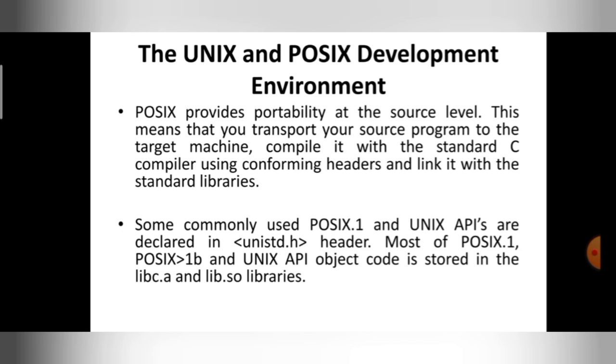So what I'm trying to say is, POSIX provides portability at the source level. That means if you want to execute your POSIX program, you can transport your program to the computer, compile it with the standard C compiler, and execute your program.